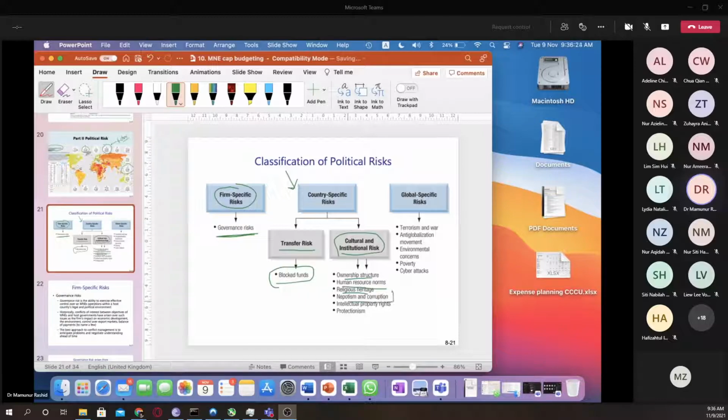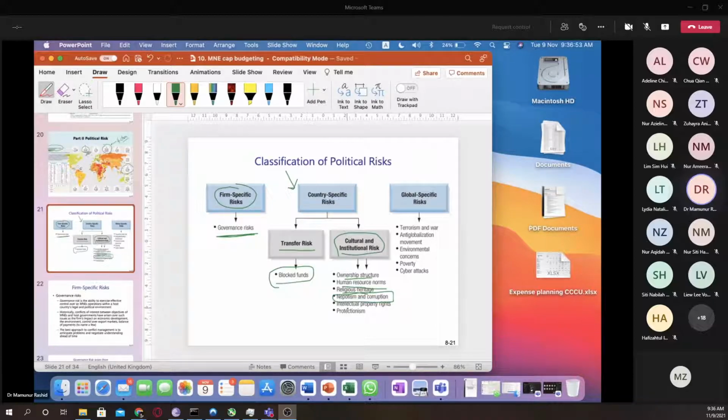Nepotism and corruption: there are a lot of countries in the African region, and maybe South American countries, where you'll see, even in my country, Bangladesh, in India, and possibly in China, issues of corruption that become a part of that country's culture. It can be problematic for foreign companies to go into that country because it's not your culture. Corruption is not your culture, so you won't be able to operate properly.